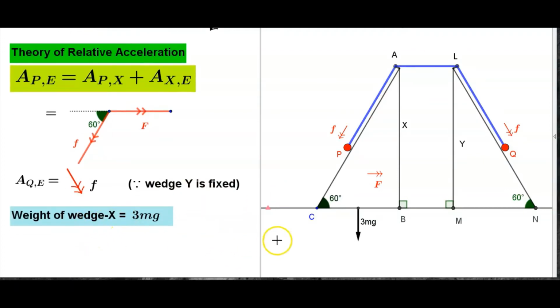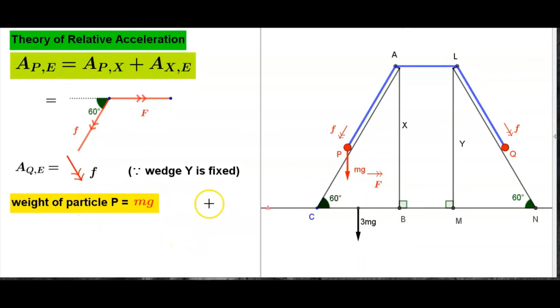Weight of wedge X is 3mg, vertically downward. Weight of particle P is mg, vertically downward. Weight of particle Q is 2mg, vertically downward.